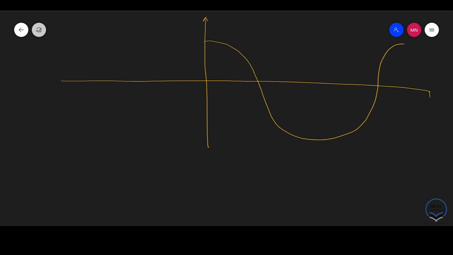Similarly, we can consider the graph of a cosine function. And we should know that the graph of a cosine function looks something like this. Right, this is pi, 2 pi.